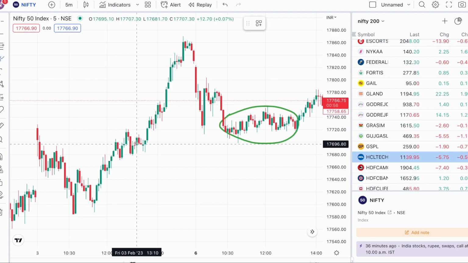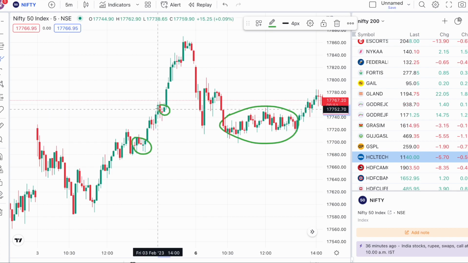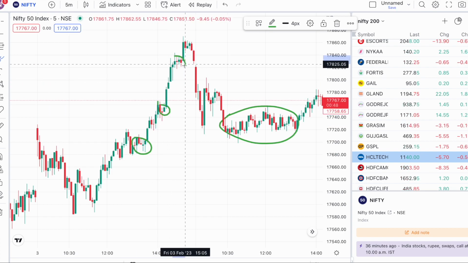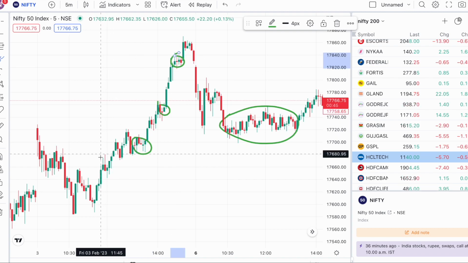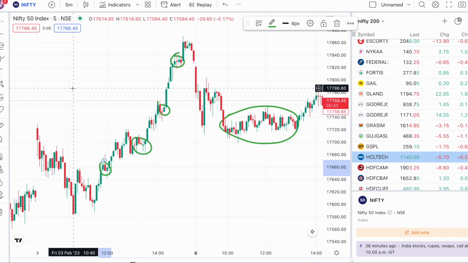Again, this is a reactive move. This is a reactive move. This also can be a reactive move. This is a reactive move because it doesn't have any strong candles. Okay.